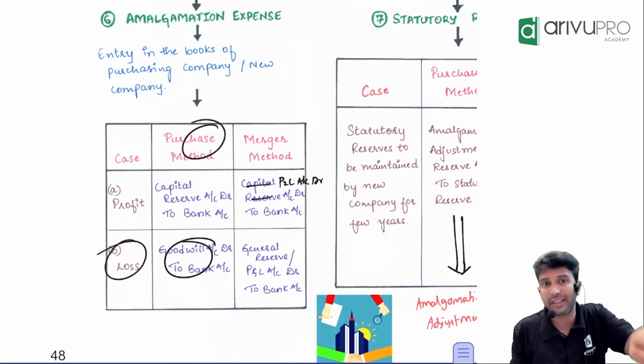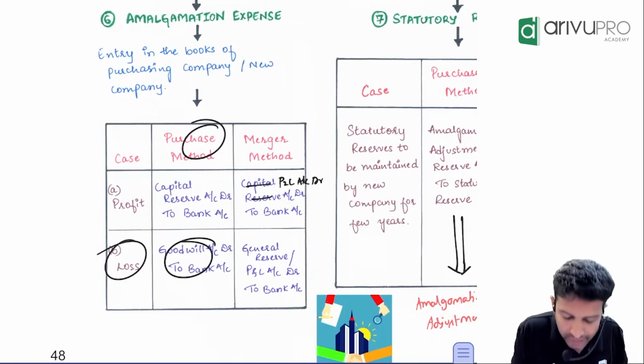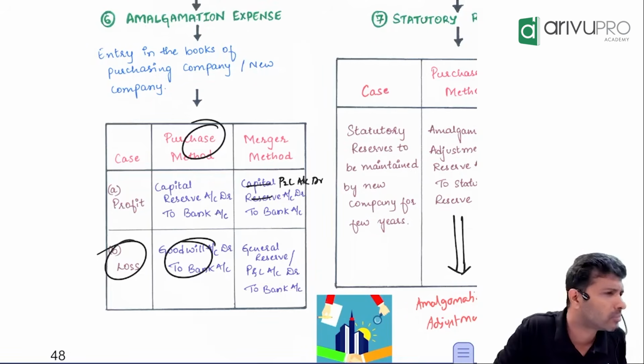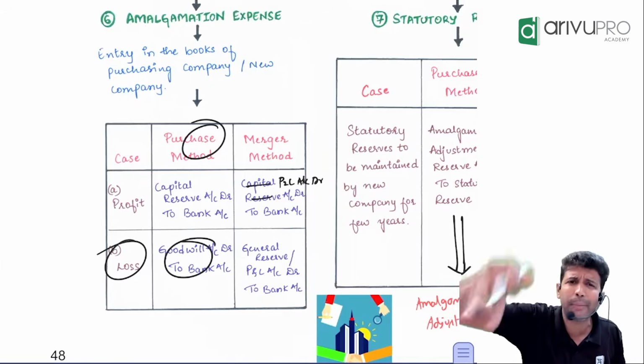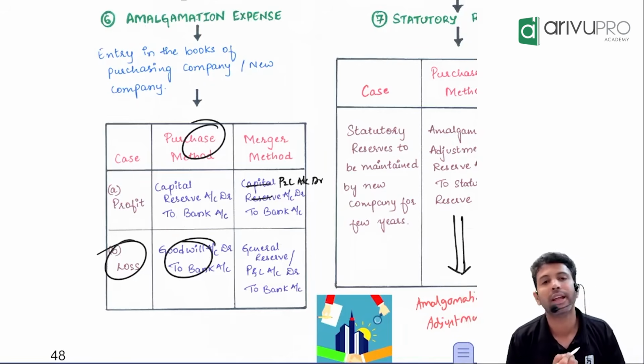Same purchase method, if you get a profit scenario, what do you call it? Capital reserve. So the entry will be capital reserve account debit to bank. Sir, why bank? You're paying an expense, no? So money is going out. When money is going out, bank balance will reduce, hence credit bank.